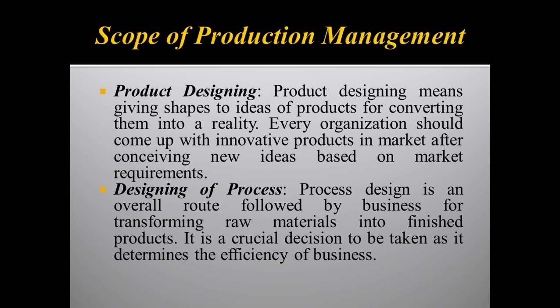It is a crucial decision to be taken as it determines the efficiency of the business. Efficiency here means with minimum cost. While designing the process or the product, the company has to keep in mind that there should be least cost but without compromising the quality of the product.